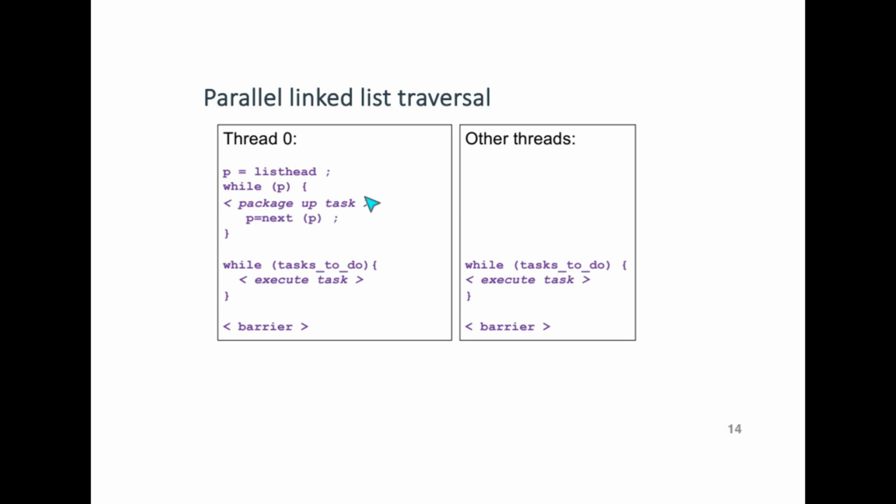So the runtime has an awful lot of freedom to do things in whatever order it likes. The beginning and end of tasks are called task switching points, where a thread is allowed to stop what it's doing and go and do something else.